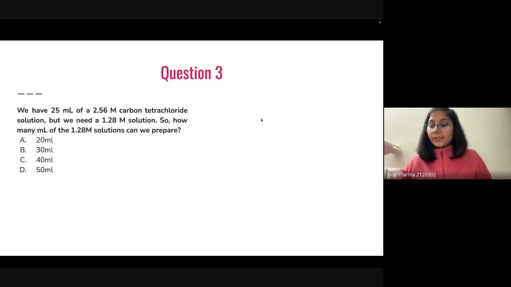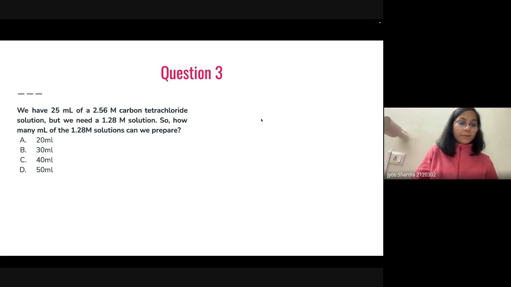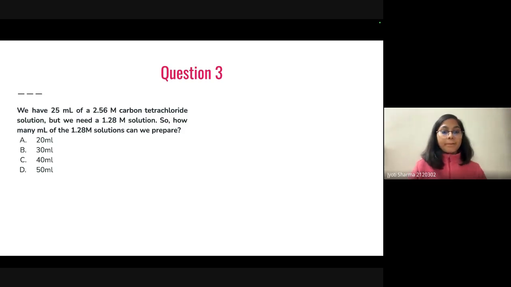Is anybody calculating this? We just need to have the volume of the new solution, and that new solution has the new molarity.